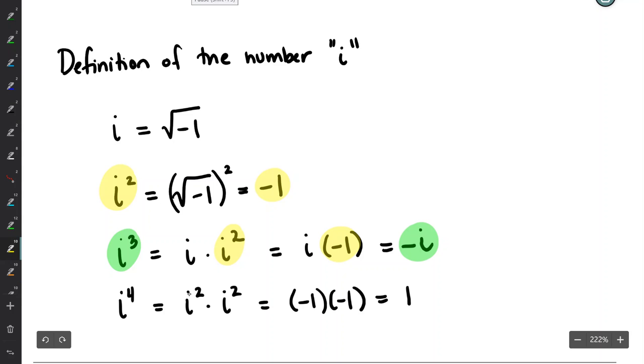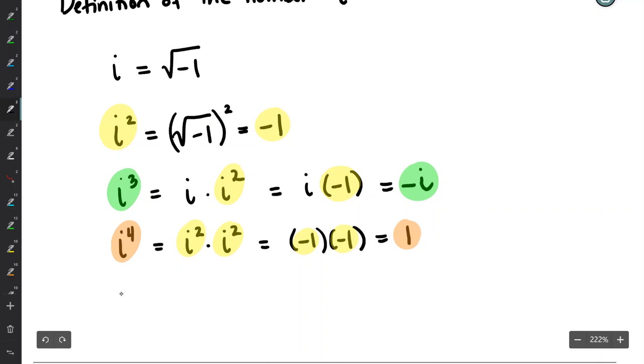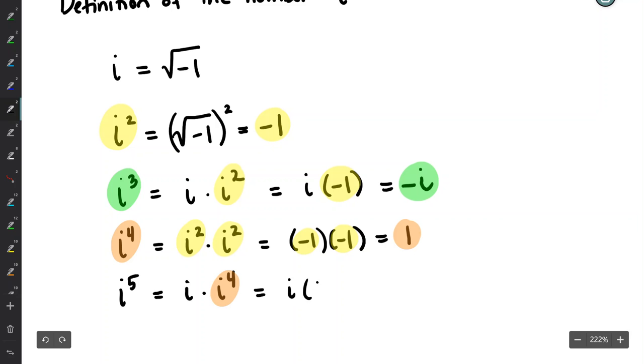Seems strange, huh? i to the fourth is positive 1. And then if we have i to the fifth, well, that's i times i to the fourth, and i to the fourth is 1. So i to the fifth could be simplified to just being i.